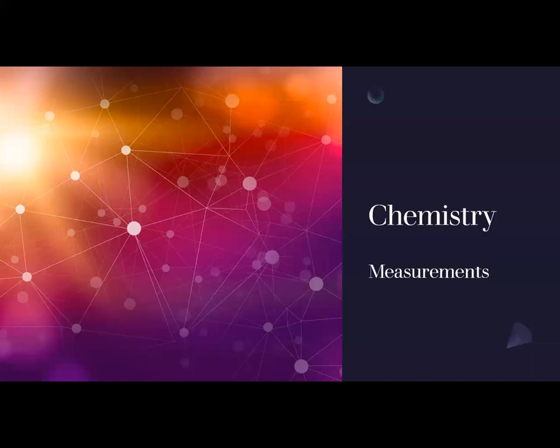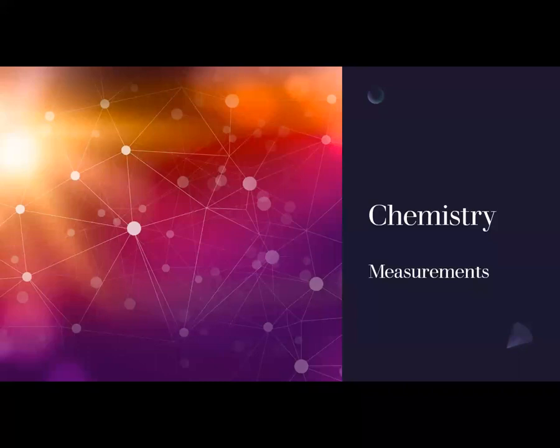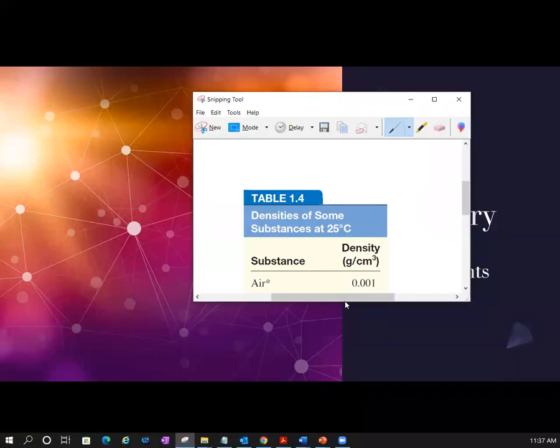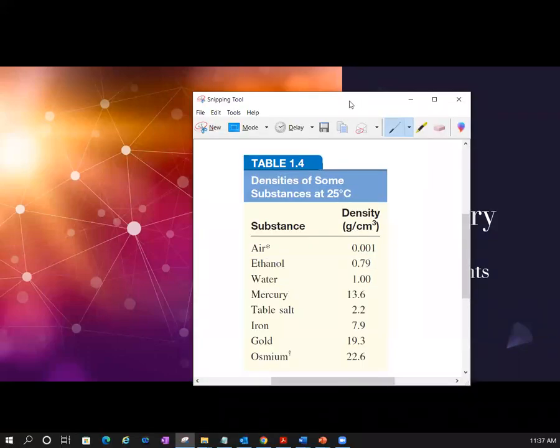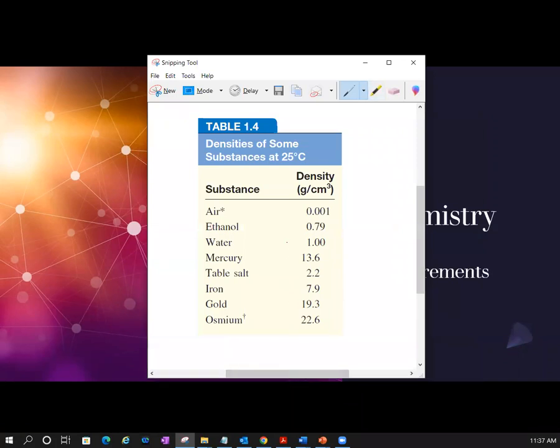So, meron tayong table dito ng density. Papakita ko. Okay. Ito. So, for example, ito, air, ang density niya in gram per cubic centimeter ay 0.001.